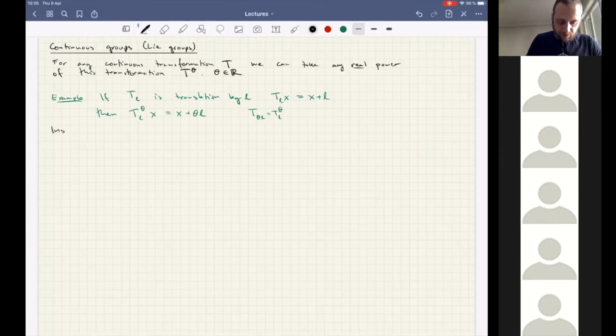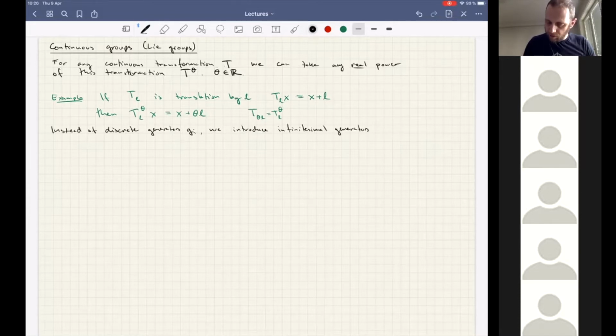So instead of discrete generators, G_i, that we had in the discrete case, we introduce a set of infinitesimal generators. In general, I'm going to call them J_i.